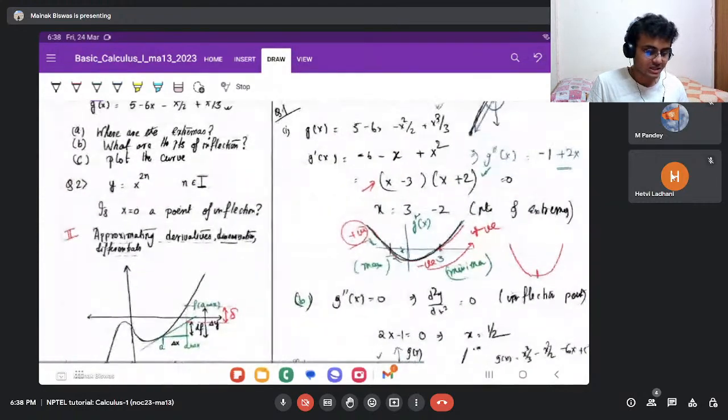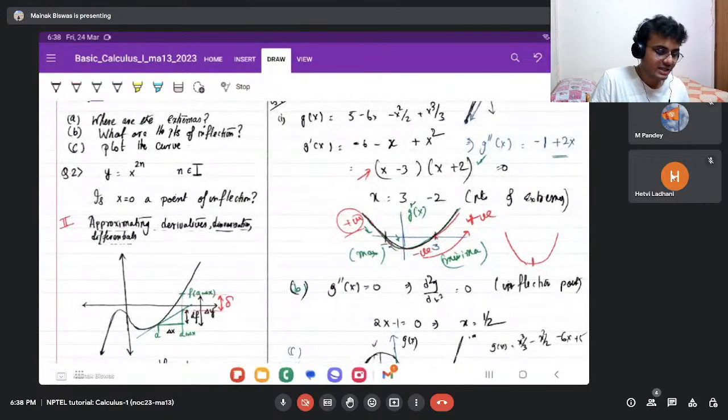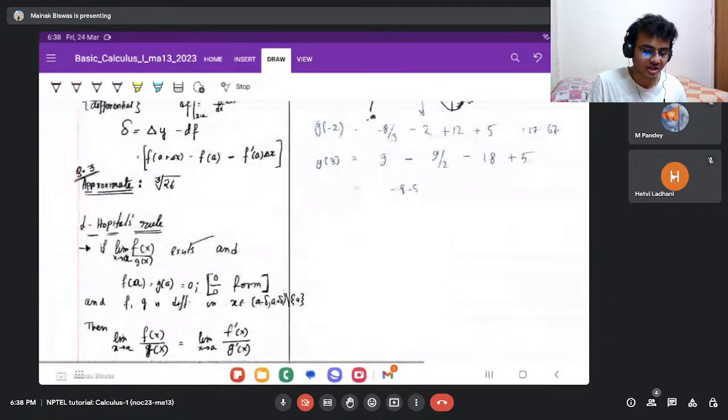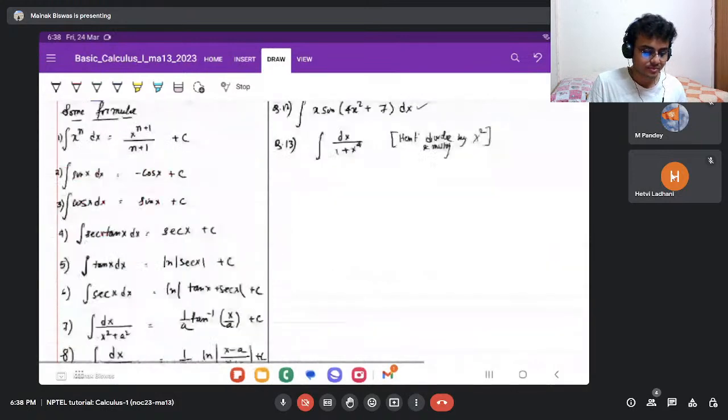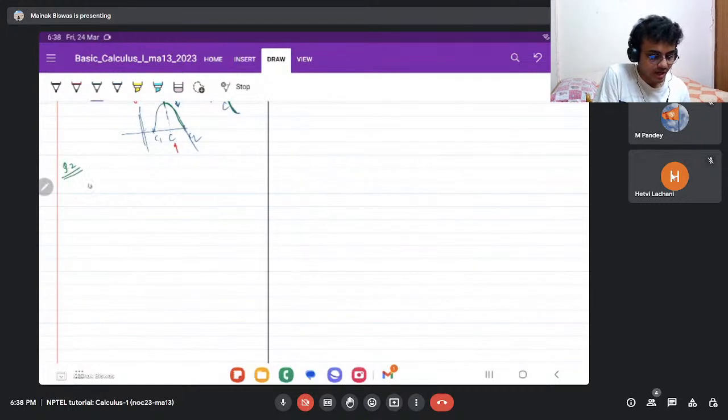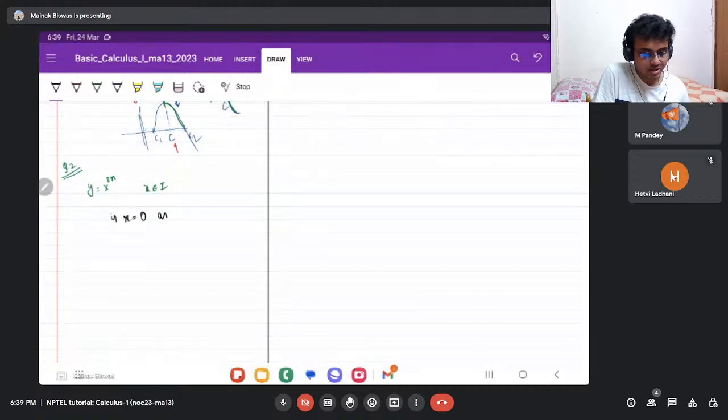Okay, so next I would ask this question. Question 2: y is equal to x to the power 2n, where n is an integer. Is x equal to 0 a point of inflection?